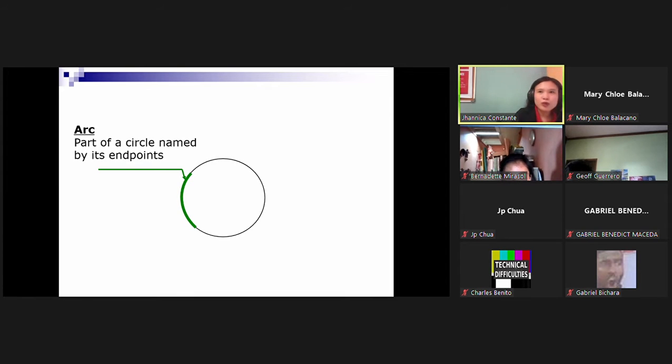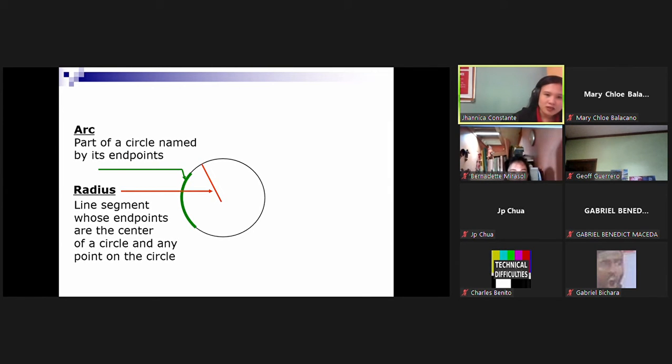Major arc means the largest arc in the circle. Minor arc is the smallest arc that we can form in the circle.